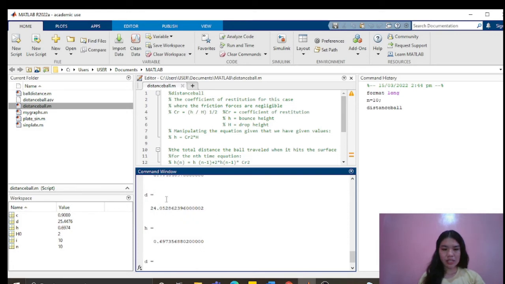The distance is still changing from 24 to 25. Let's try another number for n, 25.